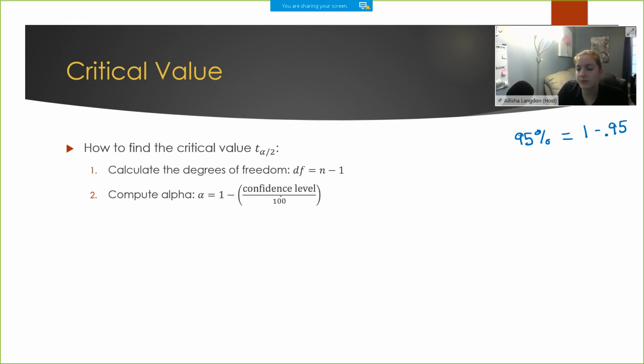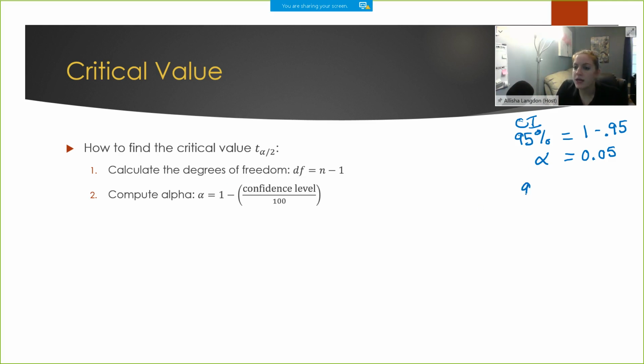So just 1 minus, change that to a decimal, so alpha would be 0.05. If you had a 95% confidence interval, CI, that would turn into an alpha of 0.05. And alpha is your margin of error, 5% margin of error, basically.